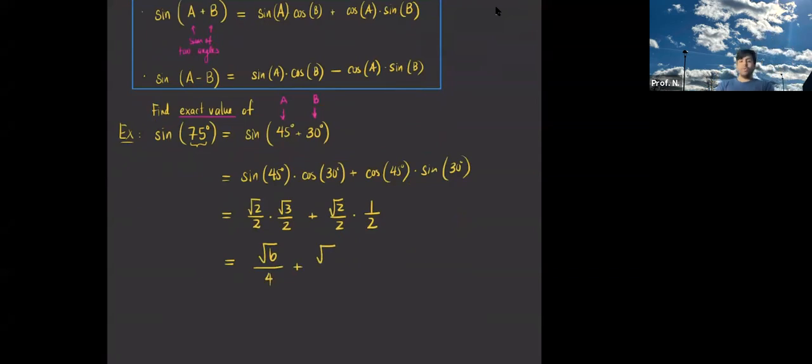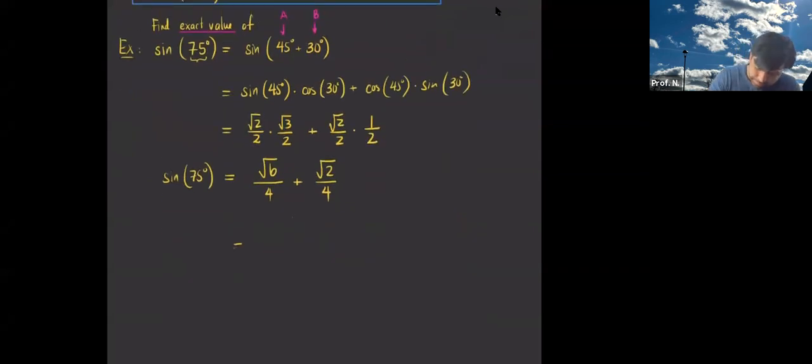Rad 2 over 2 times 1/2 is rad 2 over 4. So sine of 75 degrees is rad 6 plus rad 2 over 4. Or you can write it as rad 2 plus rad 6, the order doesn't matter when you add, and you can put that all over 4. So this is my exact value.